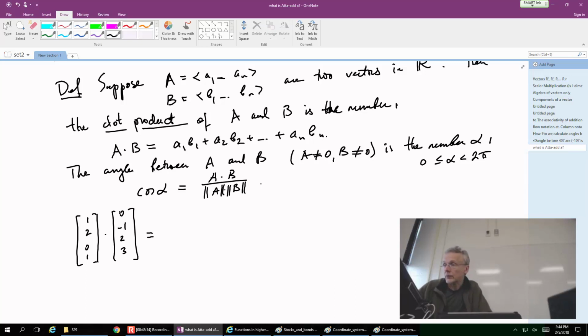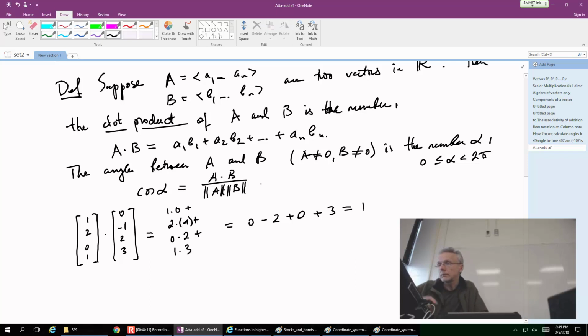Not in this course. So 1 times 0 plus 2 times negative 1 plus 0 times 2 plus 1 times 3. Okay? So 0 minus 2 plus 0 plus 3. So 4-dimensional, 5-dimensional, doesn't matter. That's what we're doing. We have our dot product.